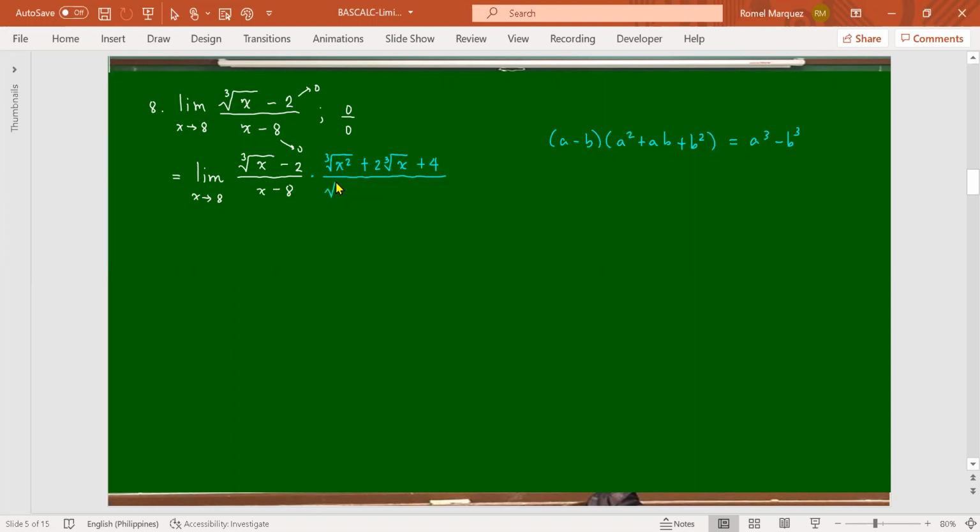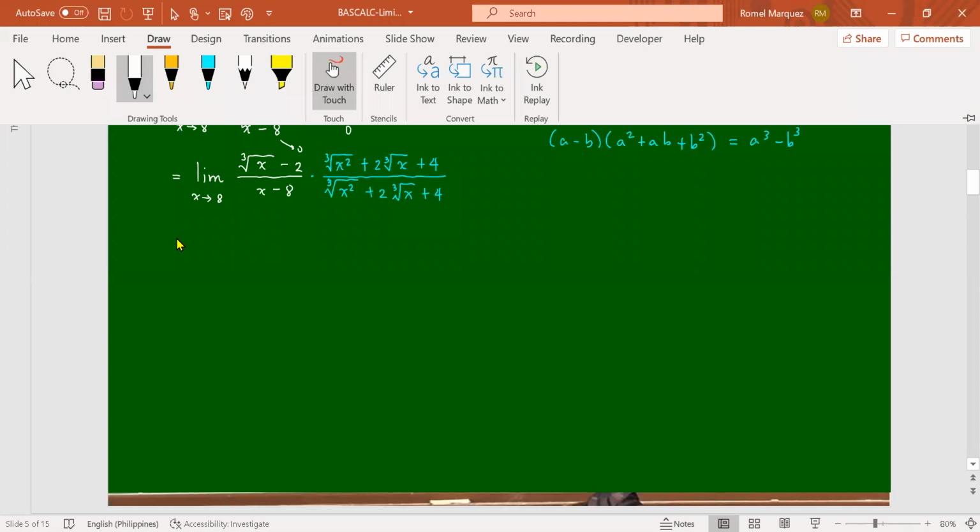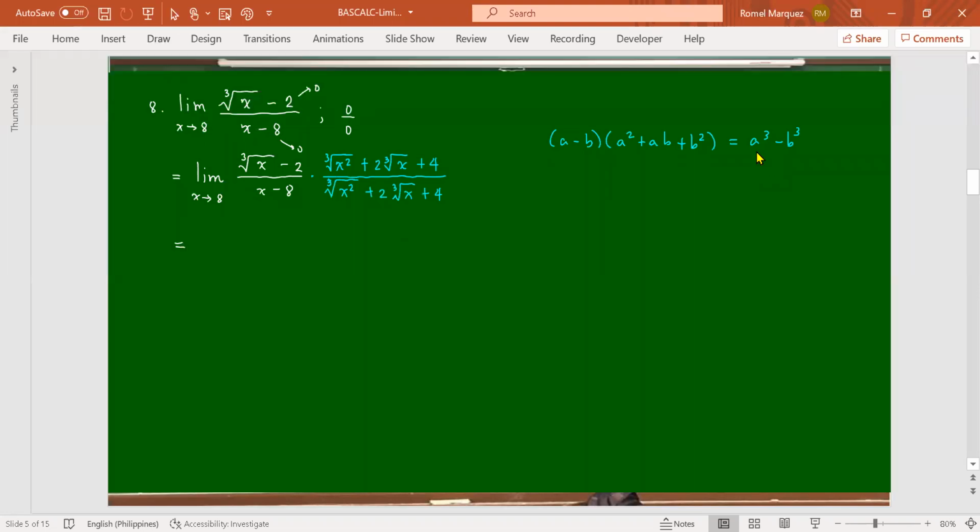Did you get that, guys? Yes po. Then 2 times cube root of x plus 4. This guarantees that the product is A cubed minus B cubed.